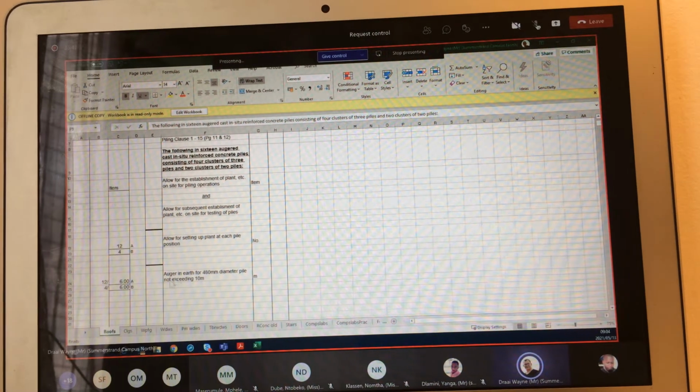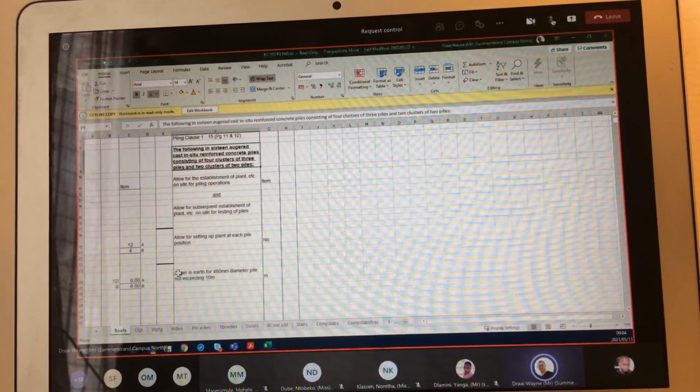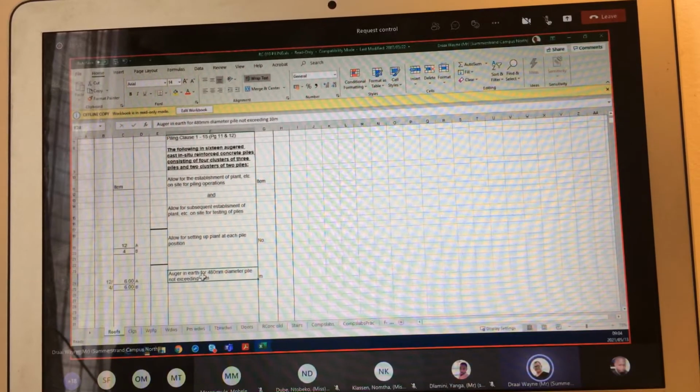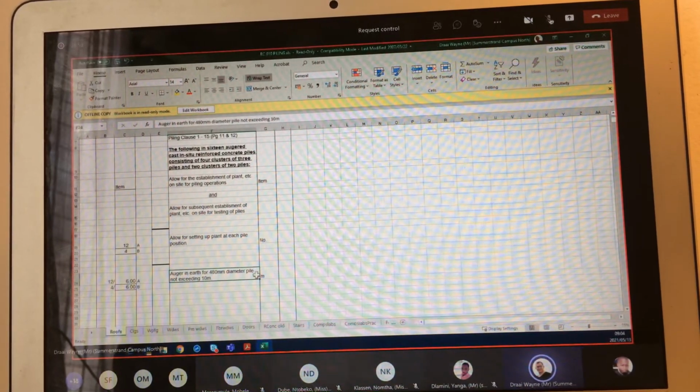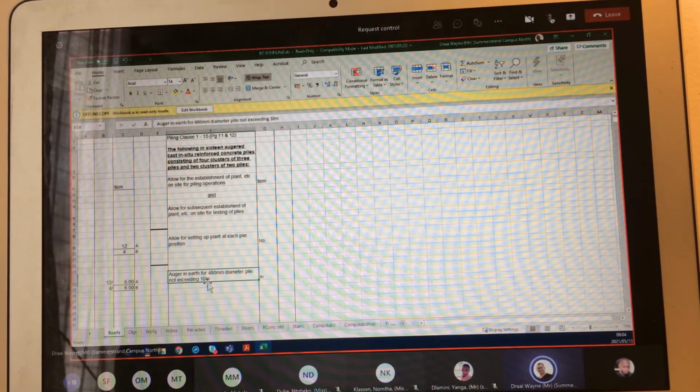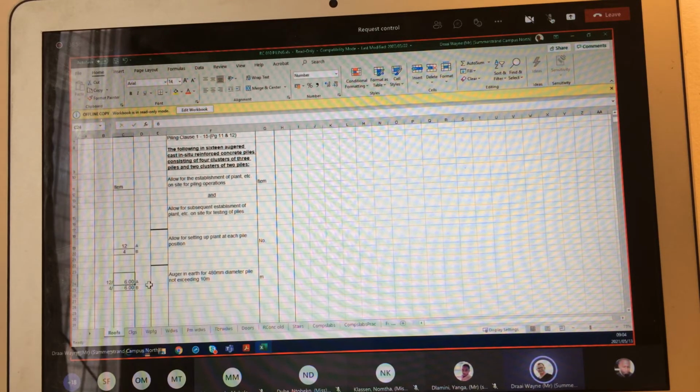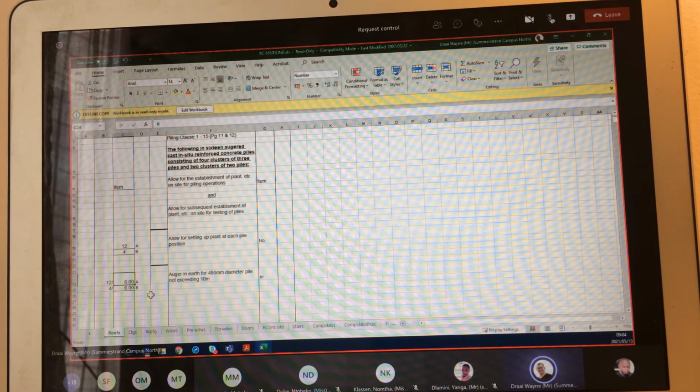Okay, right. So there we can see the auger in earth for 480 millimeter diameter pile not exceeding 10 meters, and it is because we have my pile at 6 meters for type A. We have 12 of those.